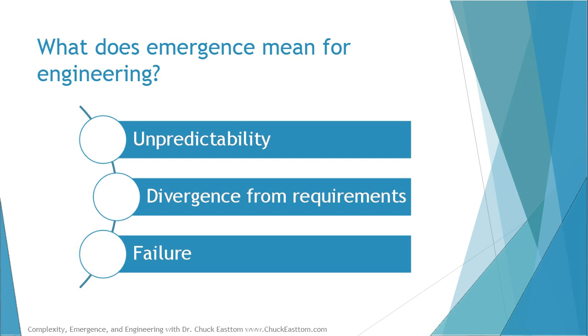I often tell students that I would define the hallmark of engineering, if you want to take all the engineering disciplines and put them together, it comes down to very careful requirements and adhering to those requirements. In fact, this semester I'm teaching a graduate course in systems integration, and I constantly harp on that. Your integration goes back to your requirements. Well, if we have unpredictability, you will have divergence from requirements you can't control. And then we'll have failure.